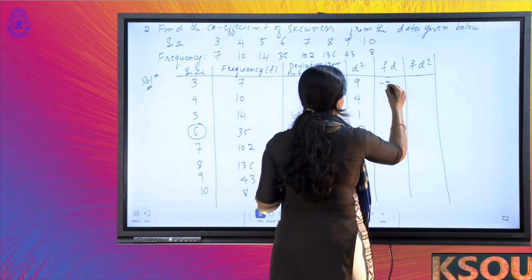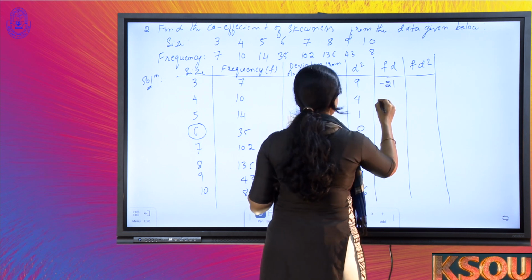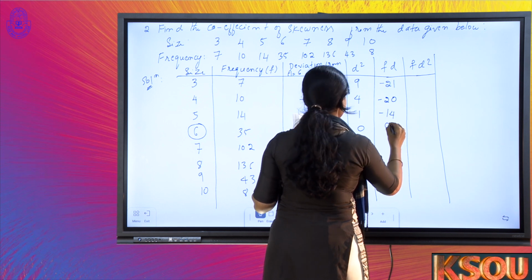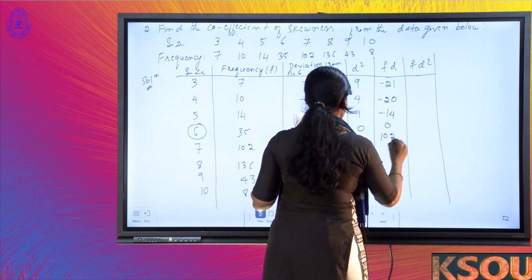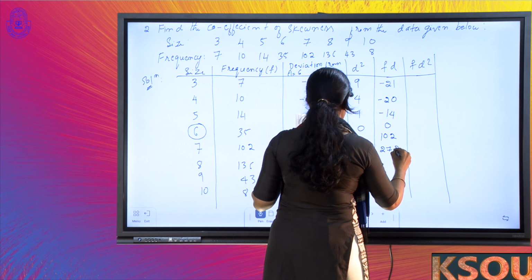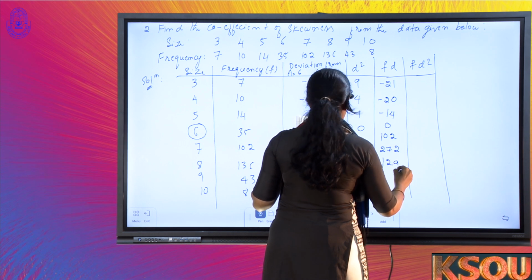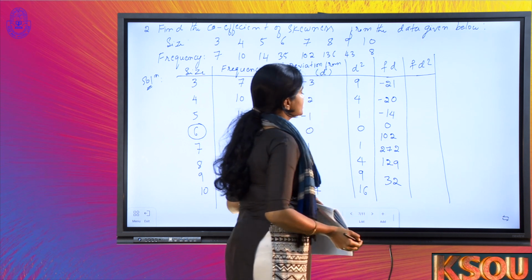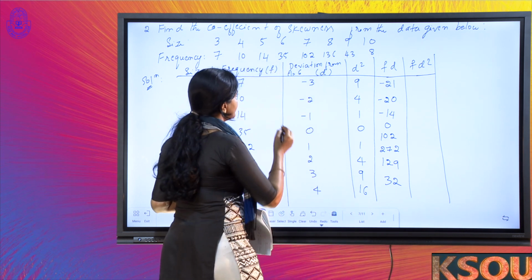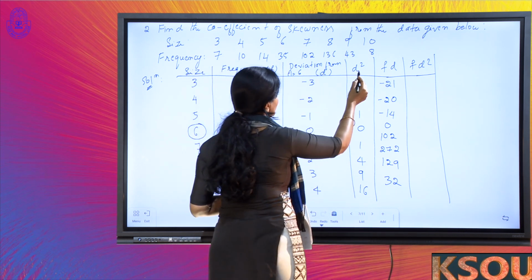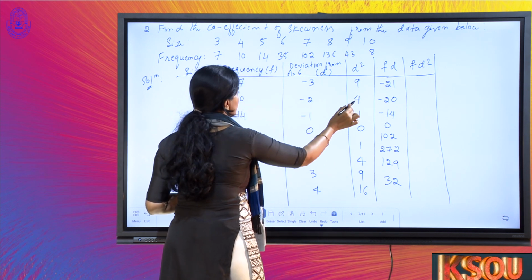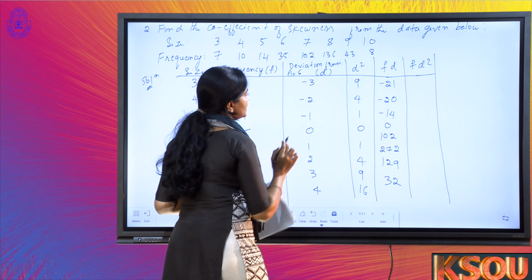So we will have to get the values like minus 21, minus 20, minus 14, 0, 102, 272, 129, 32. So after calculation of fd, you will have to calculate f into d square, that is 7 into 9, 10 into 4, 14 into 1, like that.